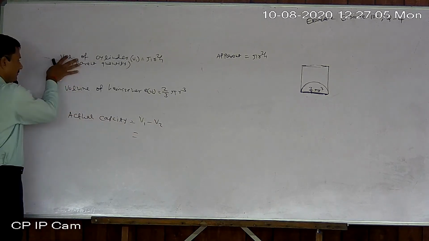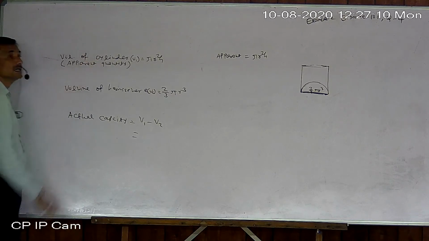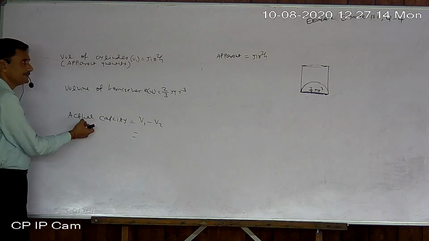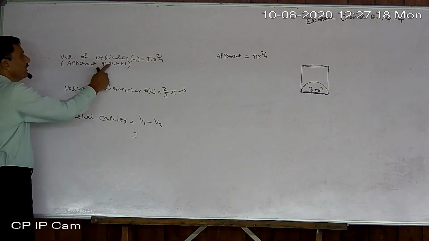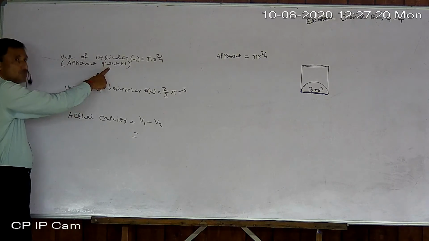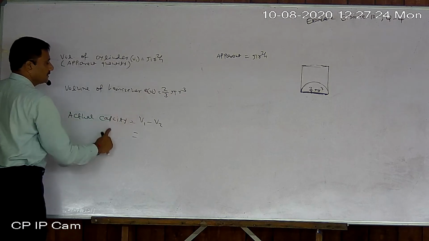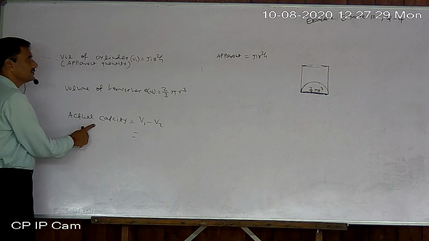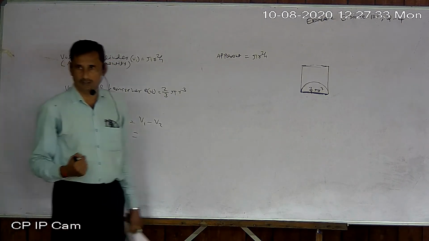Okay. We found both parts separately because separate parts are asked. Otherwise, within one step also we get that answer: pi r square h minus 2 by 3 pi r cube. But we want the individual volumes also. So we first found both volumes individually, then took the difference, so that it will be the actual capacity, and the first will be apparent, not real.